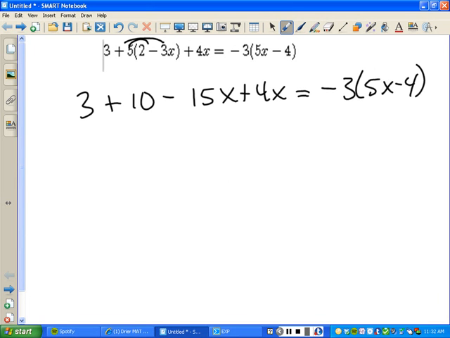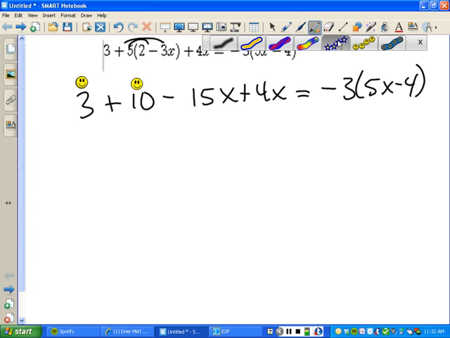Okay? Now, the next thing we have to do is combine like terms. So we're looking for like terms. Where are like terms? Well, this one and this one are like terms. Okay? As well as this one and this one.